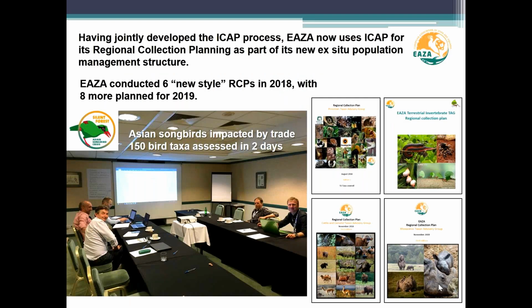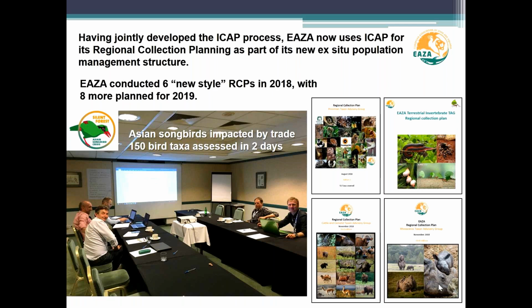The European Association of Zoos and Aquariums, EAZA, has now adopted this process. They use the ICAP type process for their regional collection planning. They have a whole new structure for their ex situ programs. And last year they did 6 of these new style RCPs, or regional collection plans, and they have 8 more planned for this year.